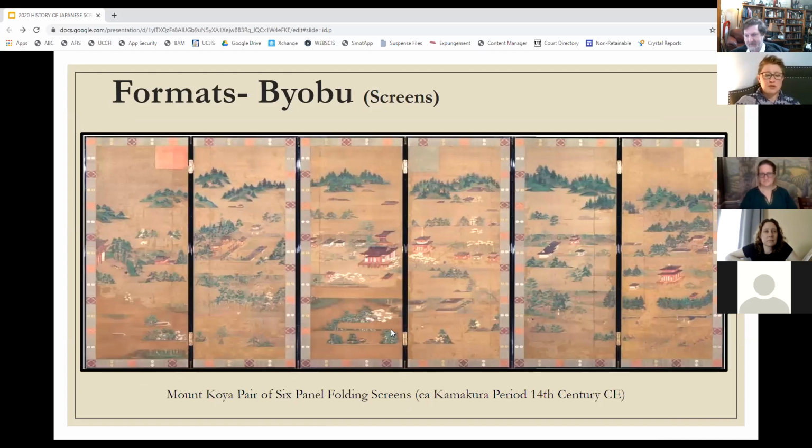This is Mount Koya, pair of 6-panel folding screens. So I've lightened this picture quite a bit. It's actually very dark and golden, and you can't see a lot of the detail in it, but it's very pretty. But you can also see there's some patches on the top where maybe it got torn. Maybe somebody's kid came along. I don't know.